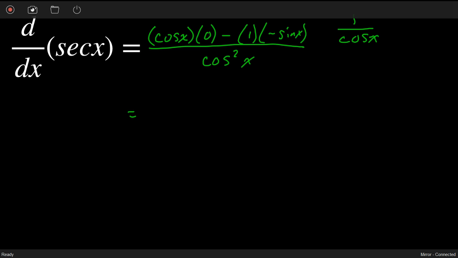All right, so that's going to give us positive sine x over cosine squared x, and we could actually split this up to make it a little bit better.